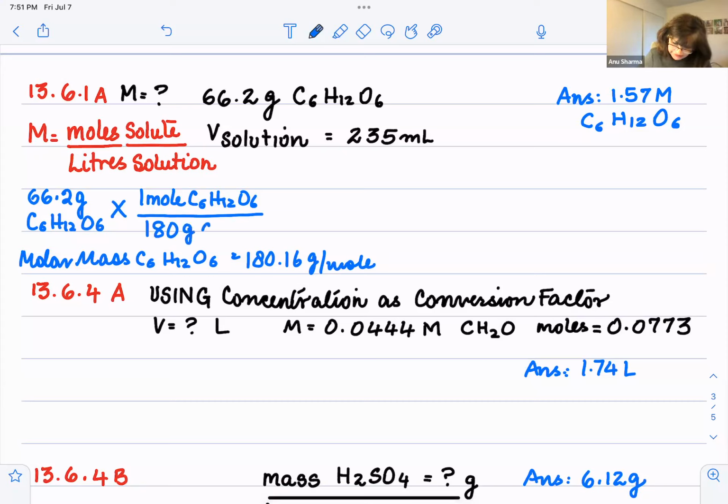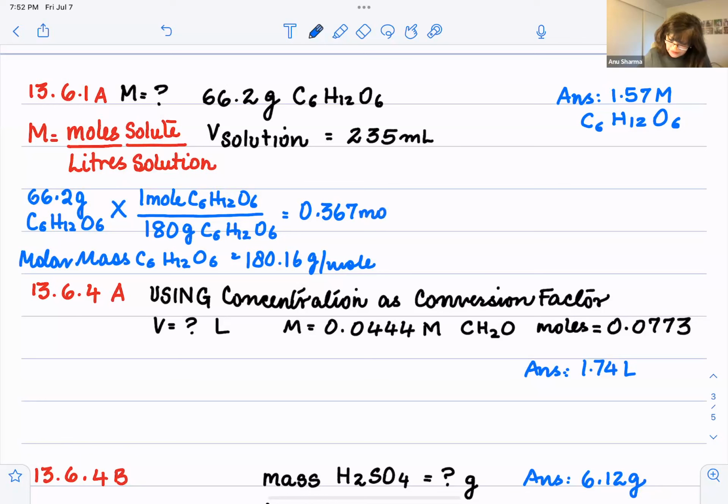So here you have 66.2 times 1 divided by 180, and this gives you 0.367 moles, 3 significant figures.